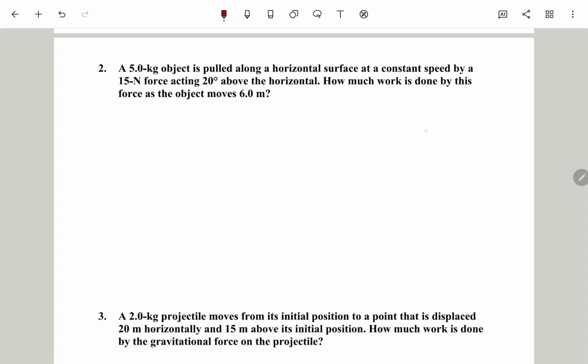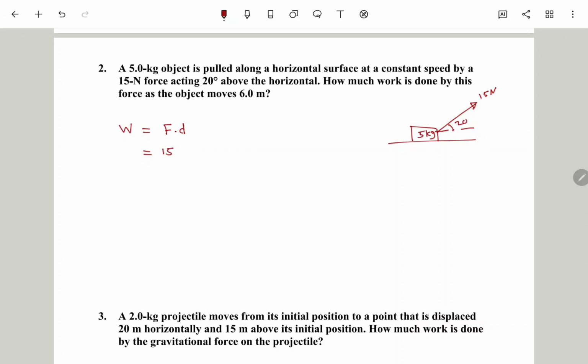Now in this case we have an object of 5 kilograms, and there is a force acting on this object making 20 degrees with the horizontal, and the force itself is 15 newtons.